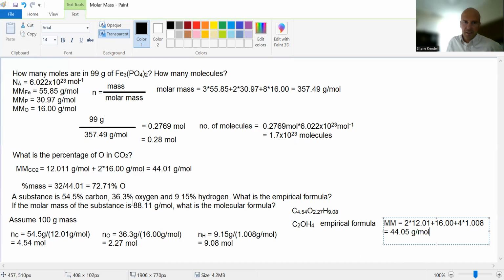And so we compare that to the actual molar mass of the actual formula, of the actual molecule, not the empirical formula, but the actual molecule. And you just do a little side calculation. So just comparing those two.